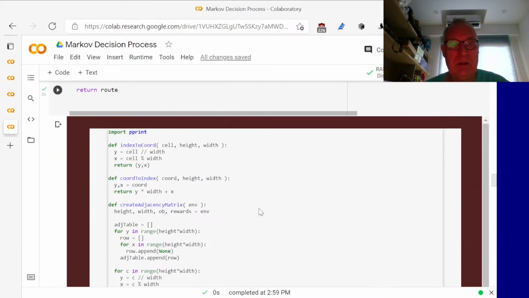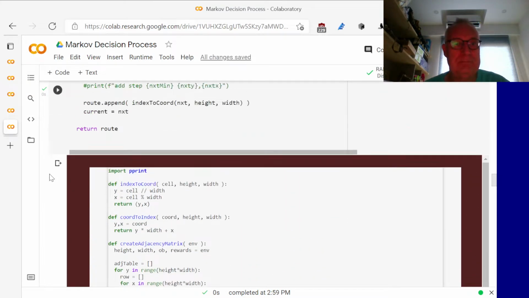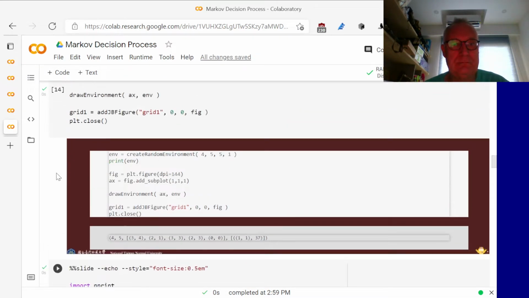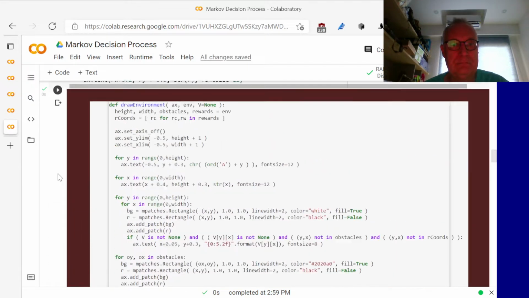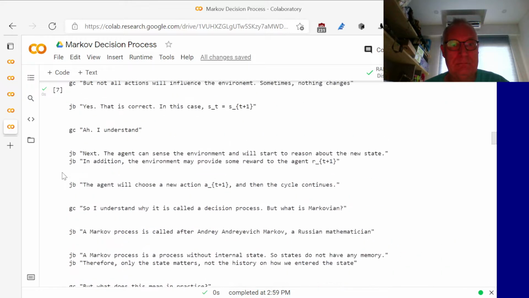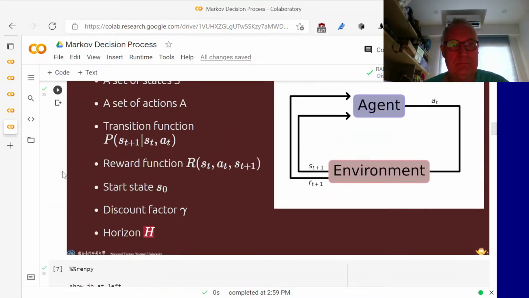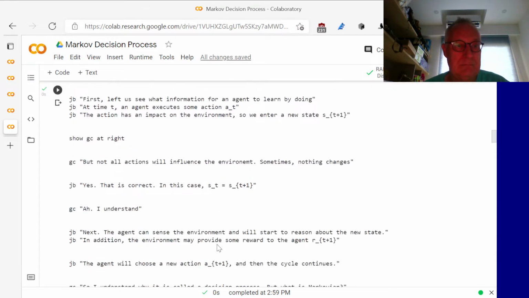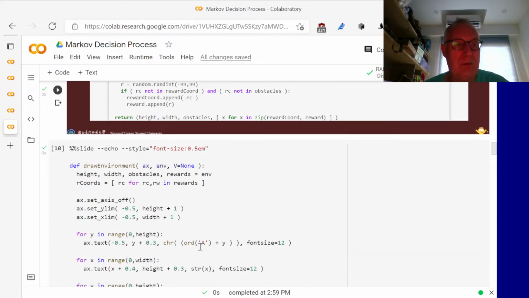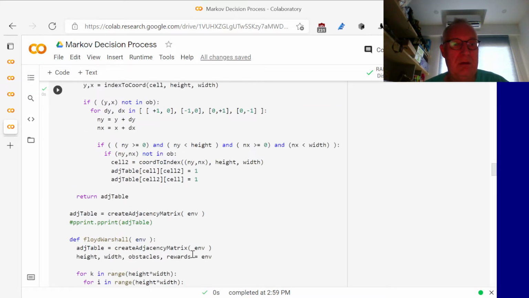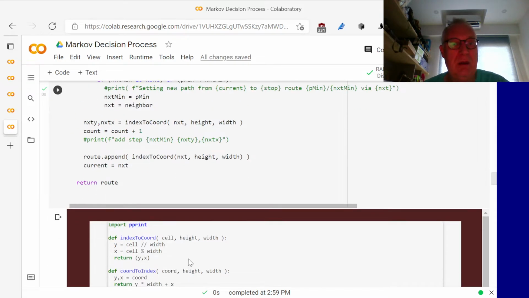Yes, correct. It would be the probability of successor states for each state.